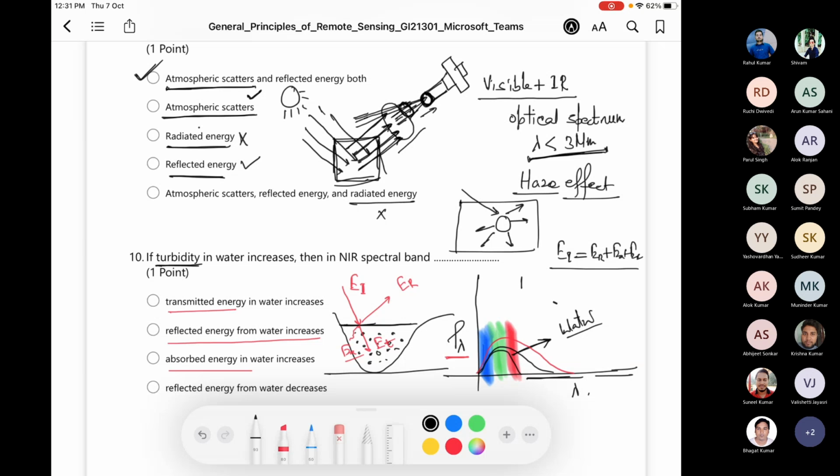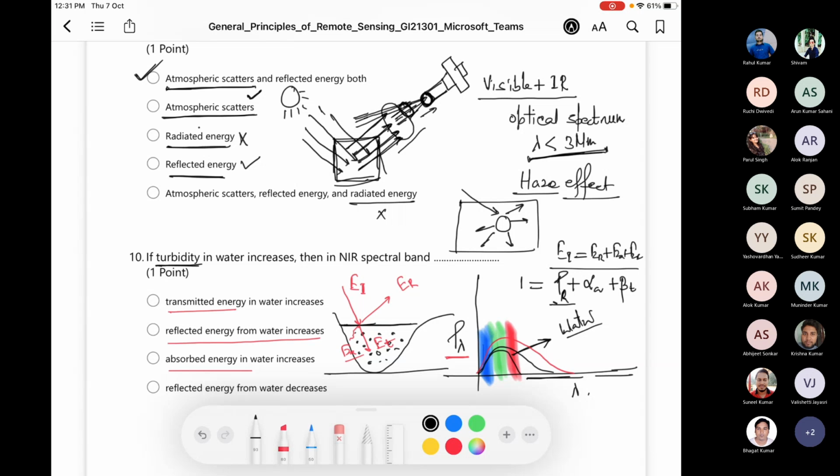Normalize this. So 1 is equal to rho plus alpha plus beta. Sorry, this is beta for transmitted, this is alpha for absorbed, and rho is reflected.